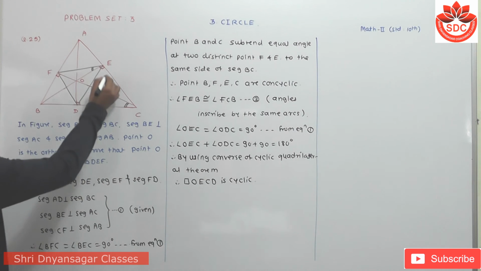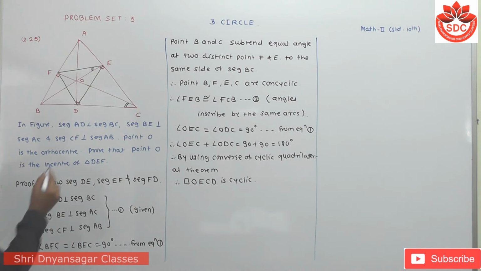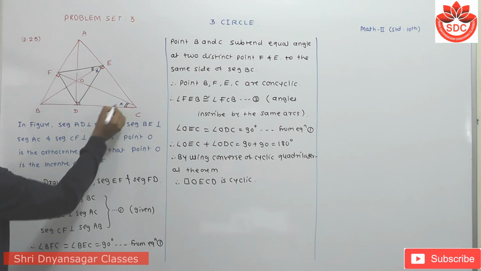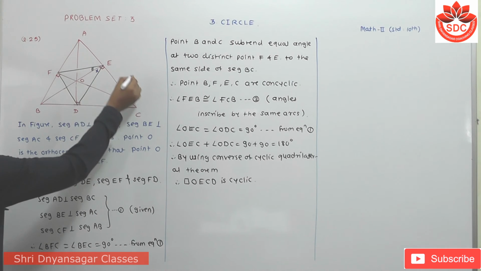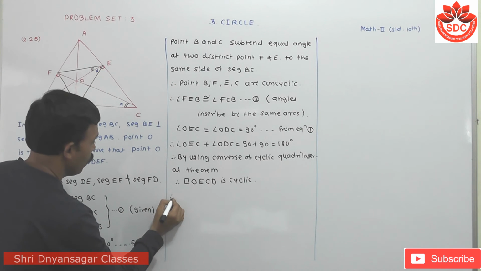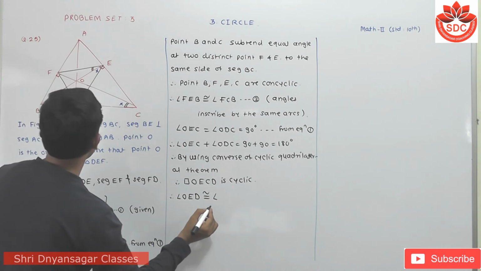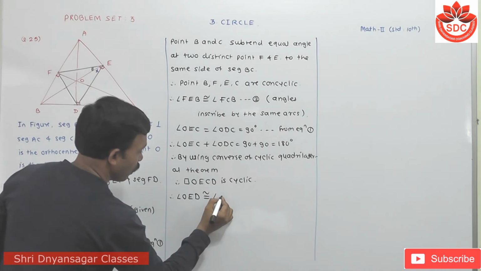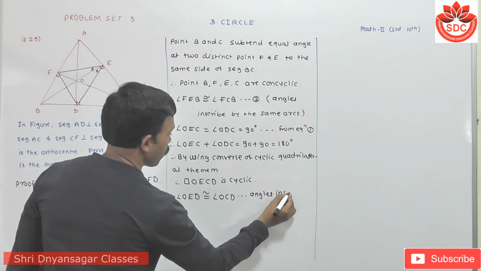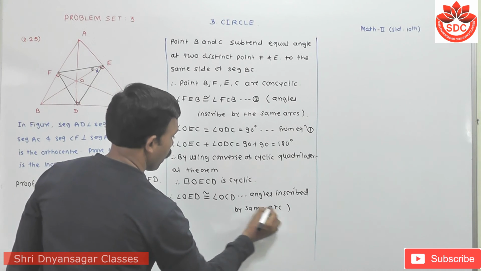If this is a cyclic quadrilateral, it means you draw a circle through these four points O, E, C, D. Then look again at this angle, which angle was it? This angle OED is also congruent with this angle because again angles are inscribed by the same arc. So I have to take here this angle, therefore angle OED is congruent with angle OCD because angles inscribed by the same arc.